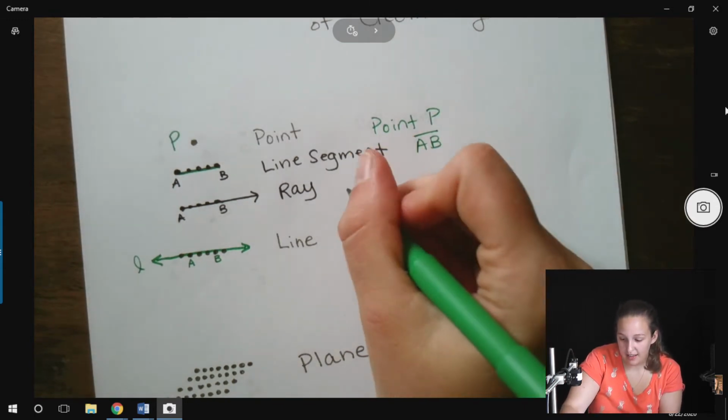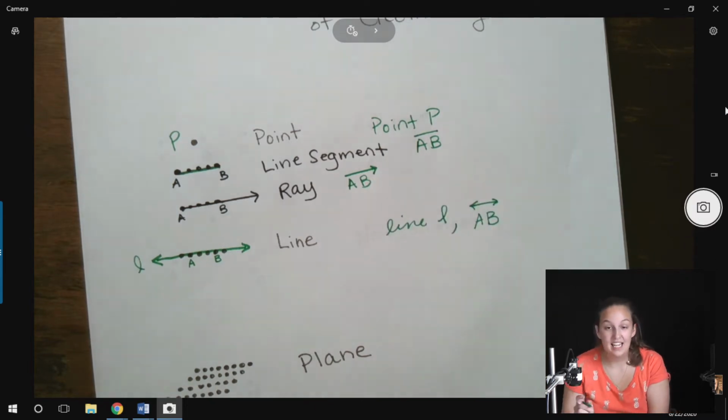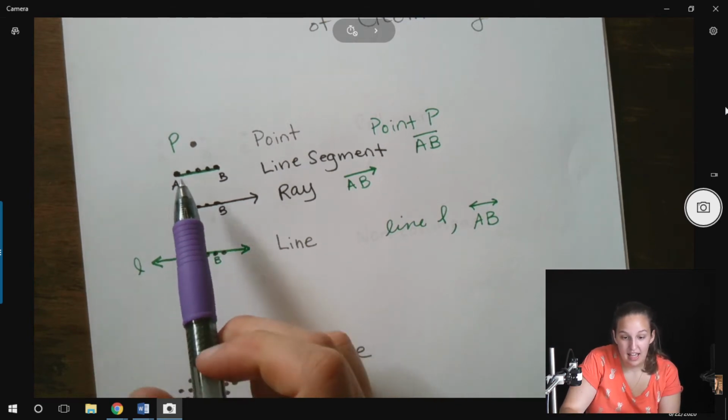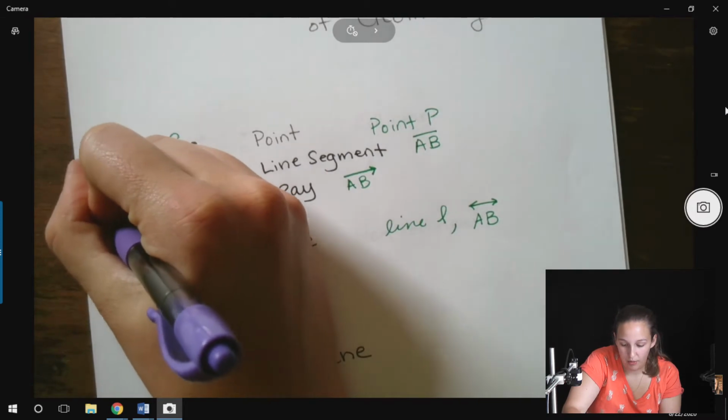And so a ray then has one endpoint. So this is kind of the cool thing right here. This A and this A and this B are all called endpoints.